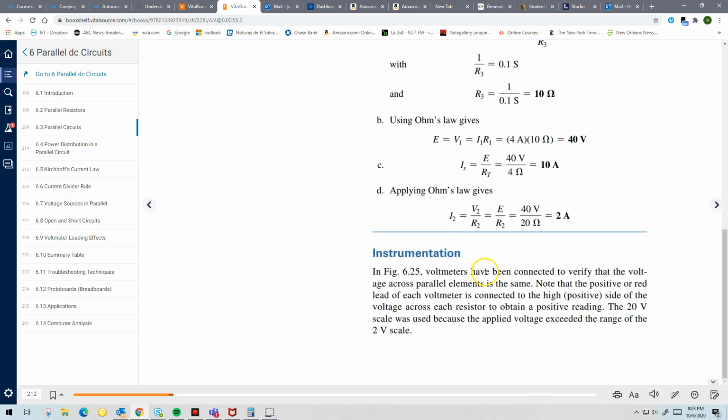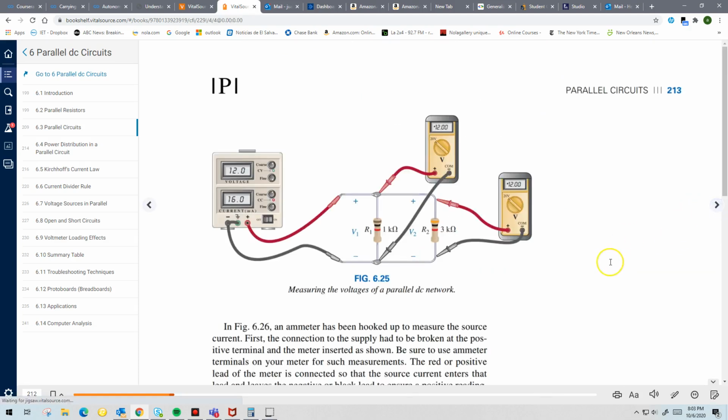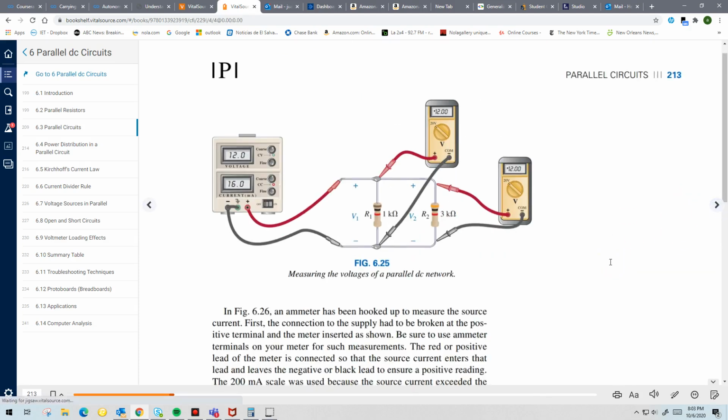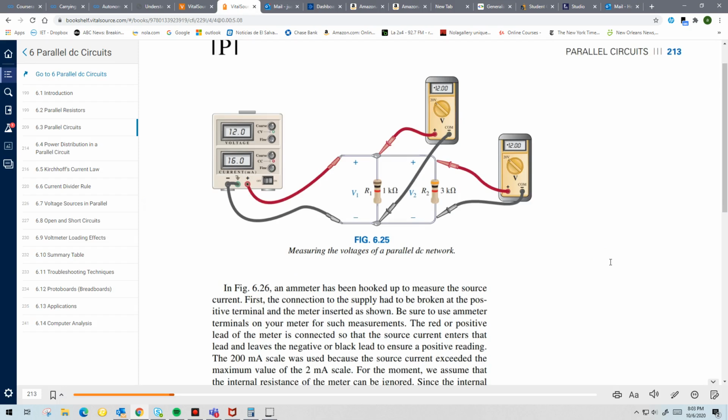All right. And just another look at how you would do this in the lab, right? What would you read or what would you measure? It'll make sense that if you have two resistors in parallel and you measure the voltage across each of them, you get the same voltage.